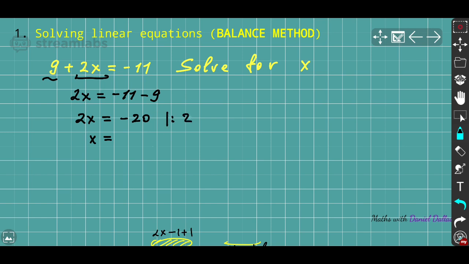So on the right side you will have -20 over 2, which is -10. That's how it works for linear equations when you have negative numbers. No problem. Numbers might have different signs.